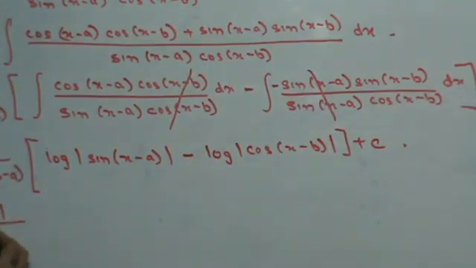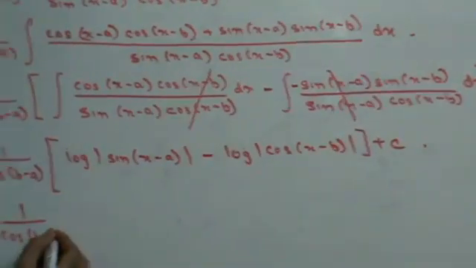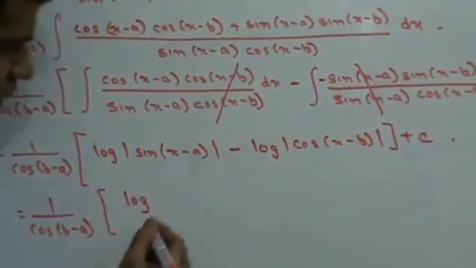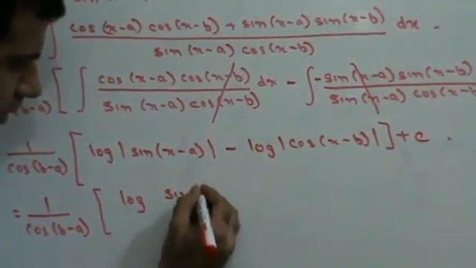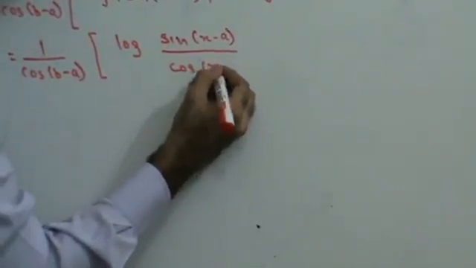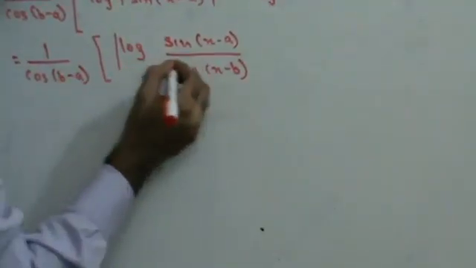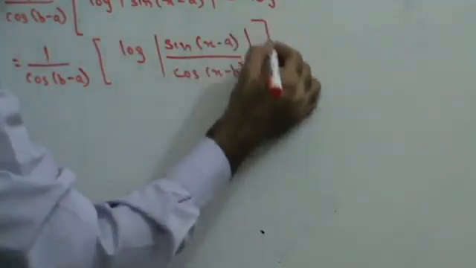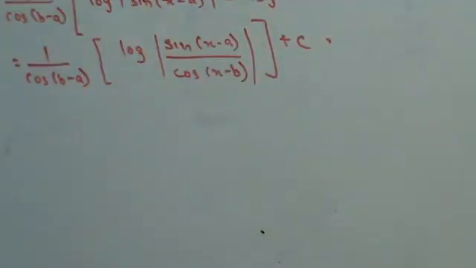This can be written as 1 upon cos(b minus a). Log a minus log b is log a upon b. So log mod of sin(x minus a) upon cos(x minus b) plus c. Fine. This finishes the sum. Let's move on to the next sum, guys.